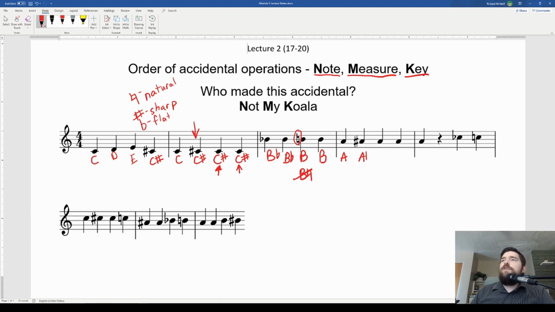This one is an A sharp from the note. This one is an A sharp from the measure. This one is an A sharp from the measure. This next note is just an A because we are now in a new measure. New measure, we go back to the key, and in our case, that's no sharps, no flats.